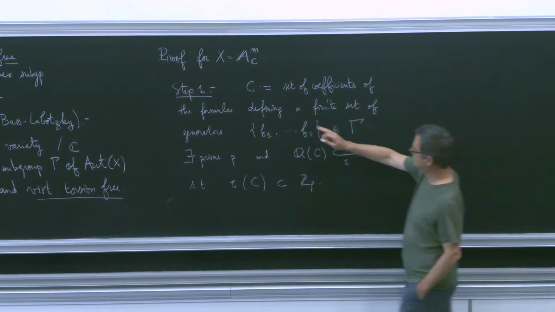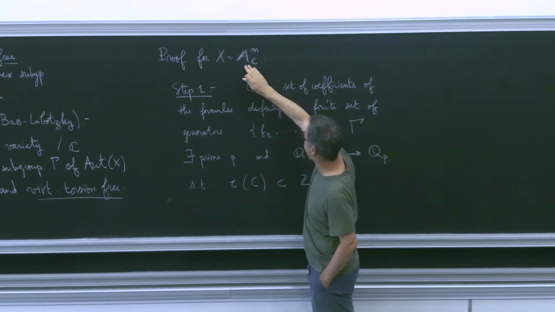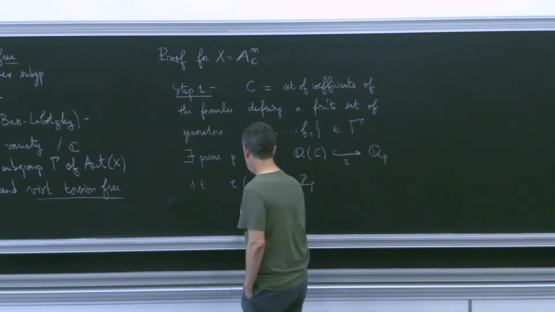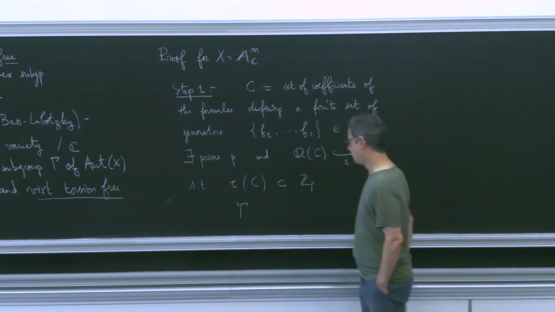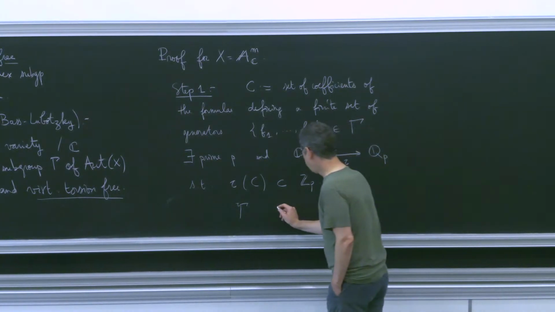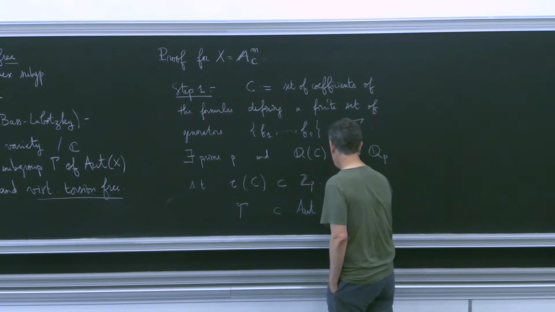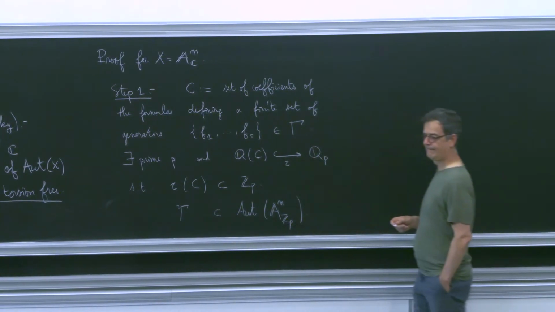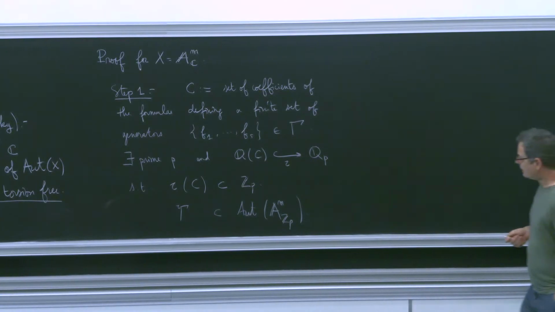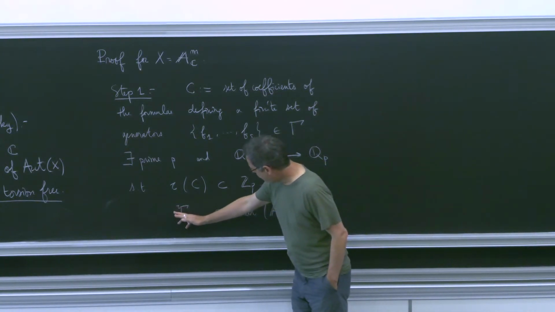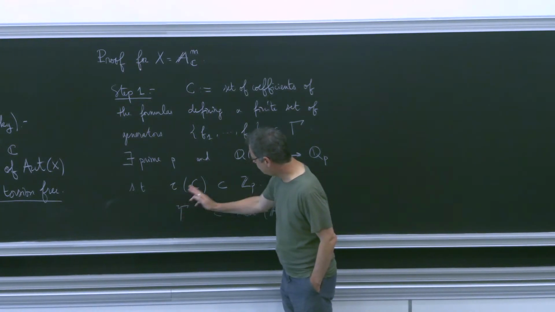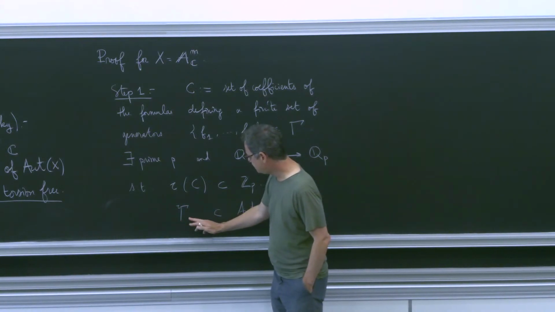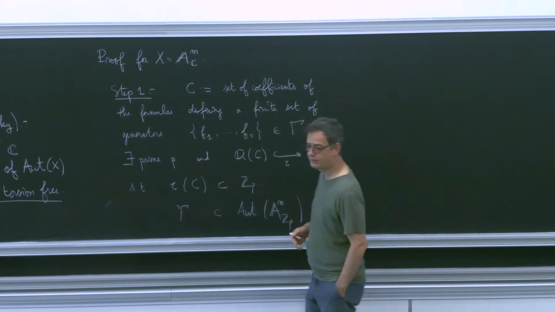So I started with a subgroup of the group of automorphisms of the affine space over the complex numbers. Now I get a group, let's say gamma, you apply iota to all coefficients, which is now in the group of automorphisms of the affine space, but with coefficients in Z_p. And since I'm applying a field embedding, being the identity in my group gamma or being the identity in gamma after I apply iota, it's the same thing.